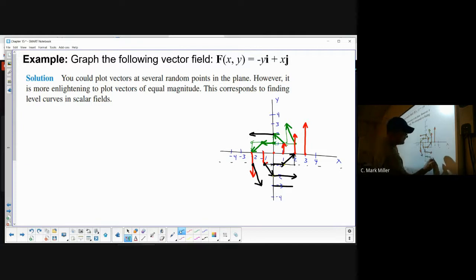This is going to be over 3. If I did, let's say, this point right here, -2, 1, it's going to be +2 in the x direction and 1 in the y direction. So that's going to be like that.